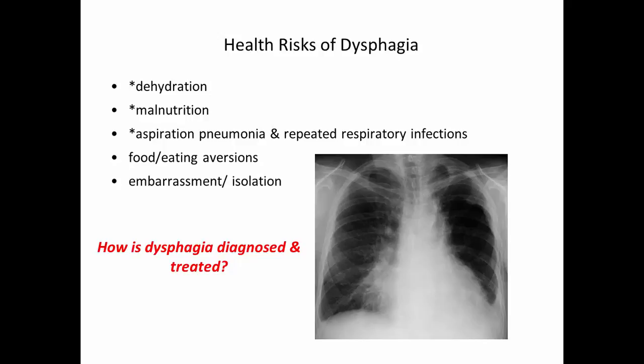And then, of course, you looked at, with Carl, all sorts of special foods, different textures, thickening agents, different types of equipment and techniques, like, for example, changes in a person's posture to help with swallowing, and then drugs, things that will decrease acid secretion, those types of things as well.